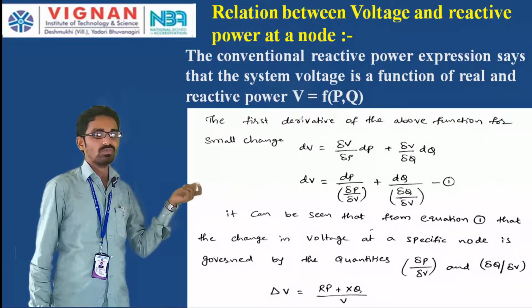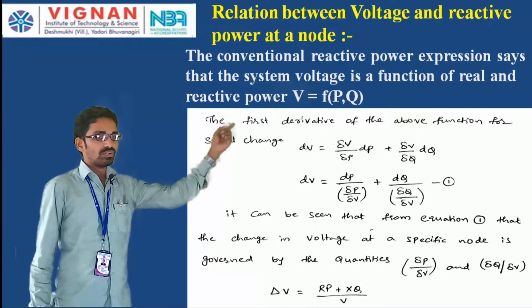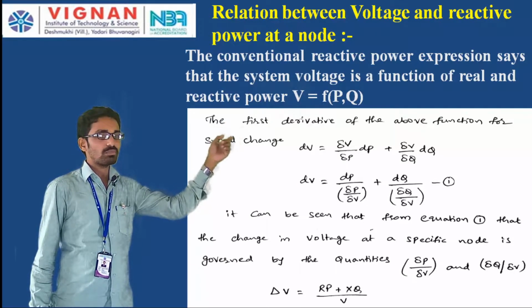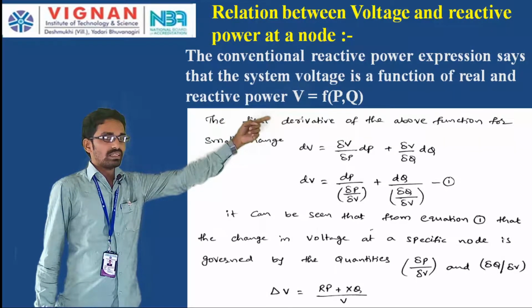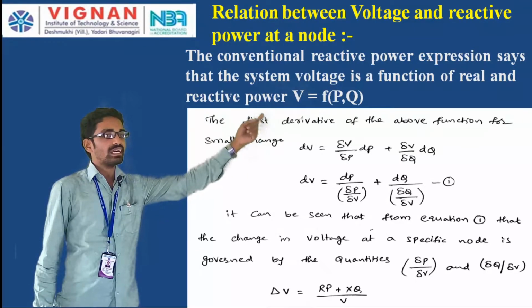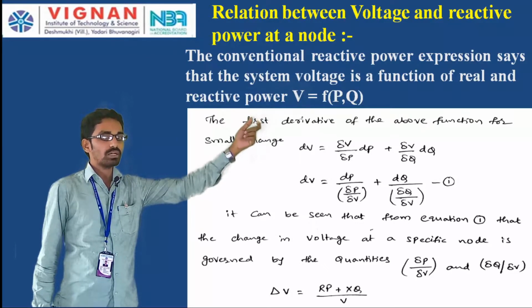Real power is P and reactive power is Q, so V is equal to F of P comma Q.